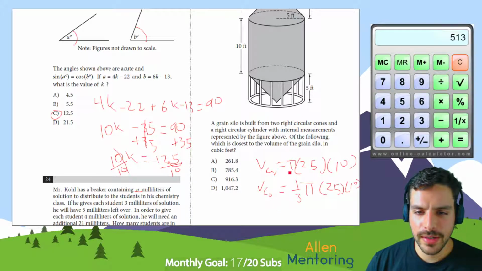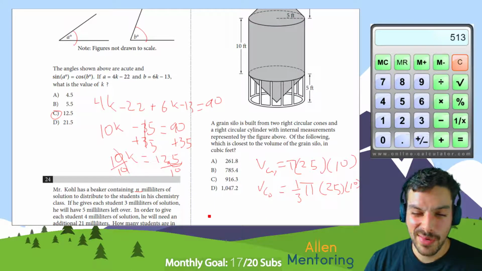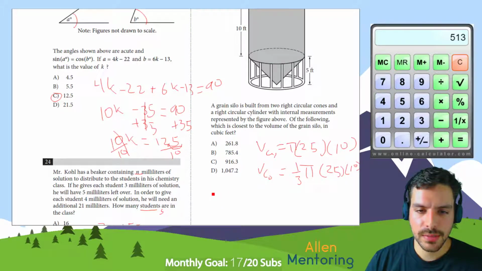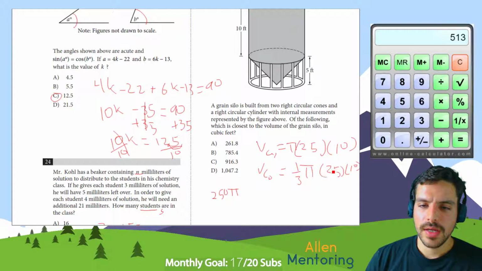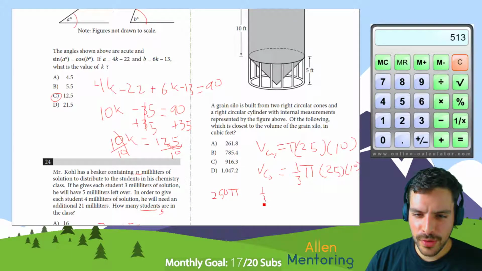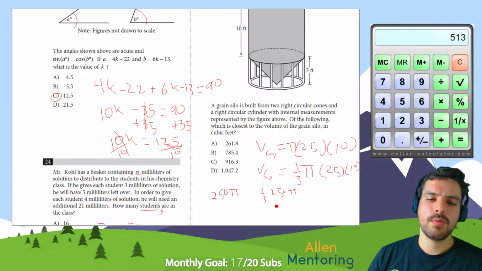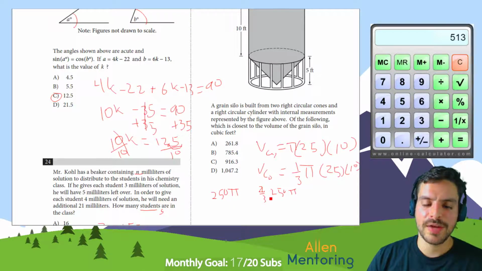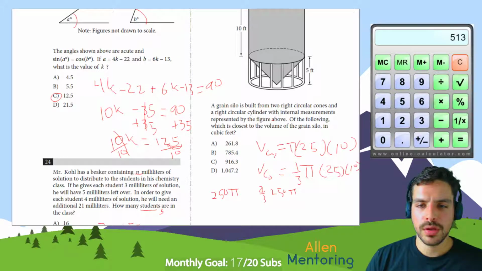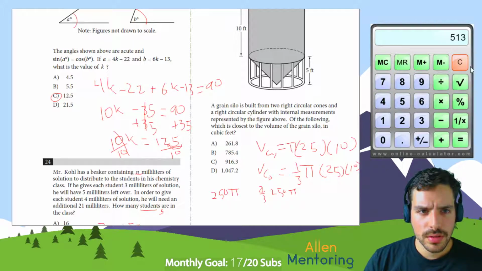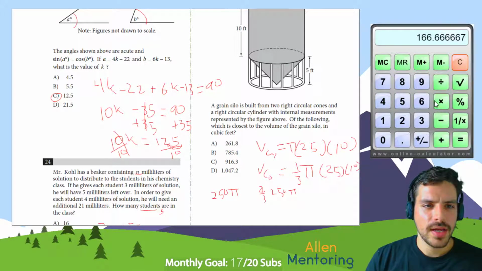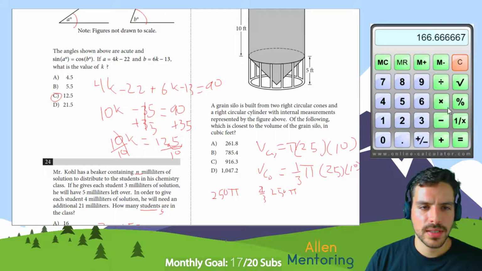So if we go to the handy dandy calculator, we actually don't need it for now. Let's figure out what the cylinder is, which is 250 pi. And this one will be 1/3 of 250 pi. Except it won't be 1/3, it'll be 2/3 because we have 2 cones, right? So we multiply that by 2. So 2/3 times 250 is 166.666 repeated.